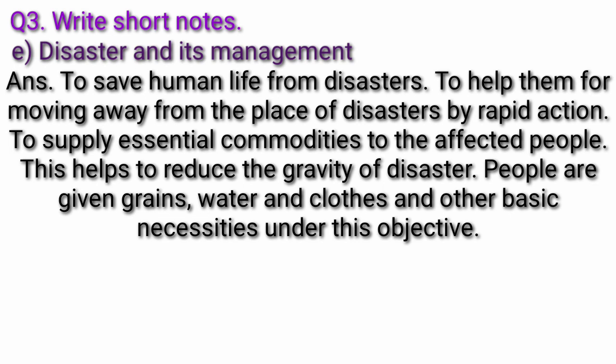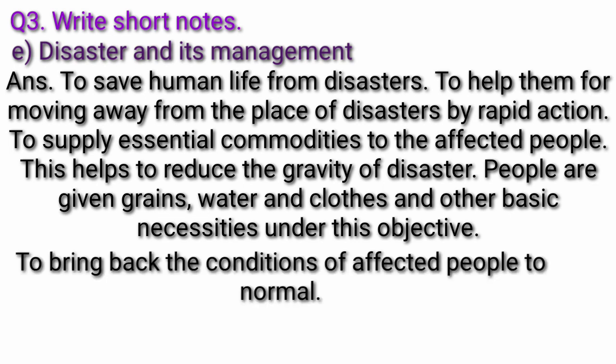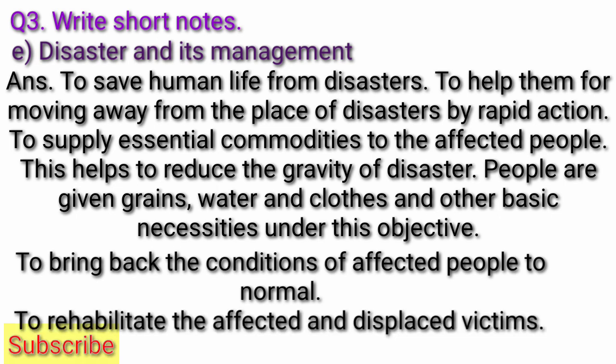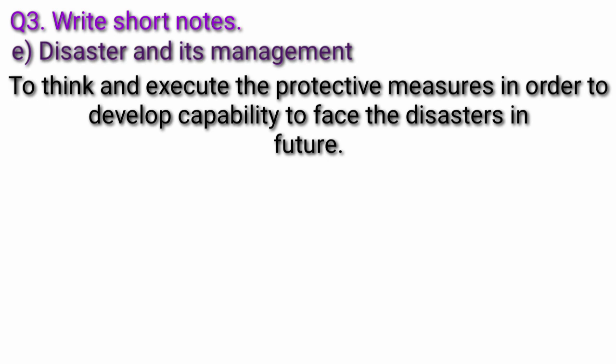People are given grains, water, and clothes and other basic necessities under this objective to bring the conditions of affected people back to normality, to rehabilitate the affected and displaced victims, to think and execute protective measures in order to develop capability to face disasters in future.